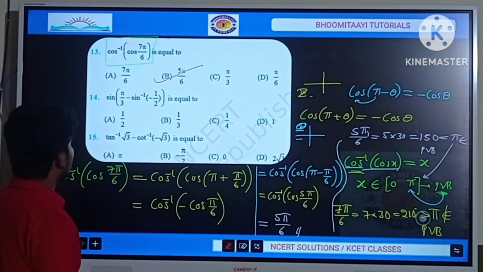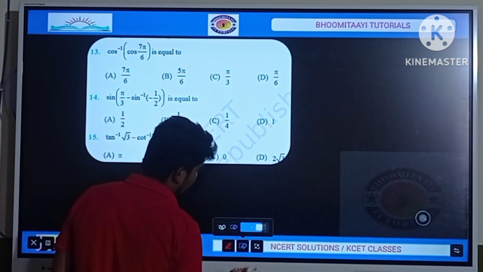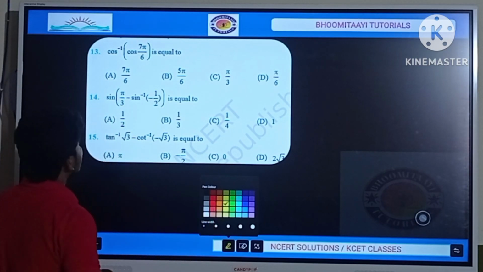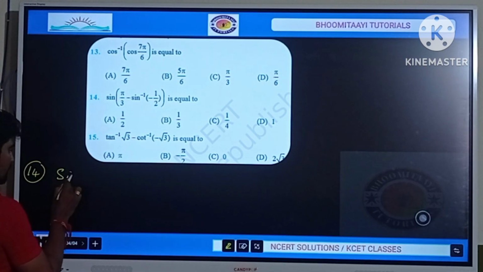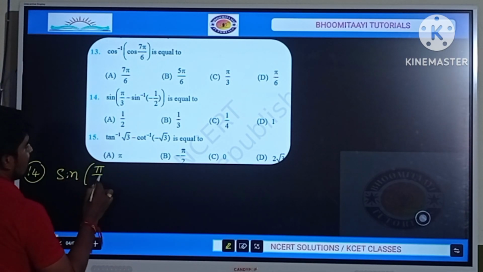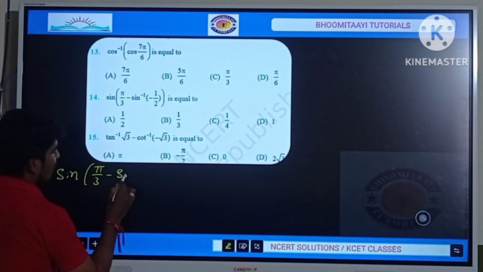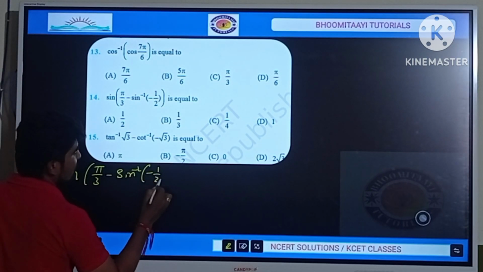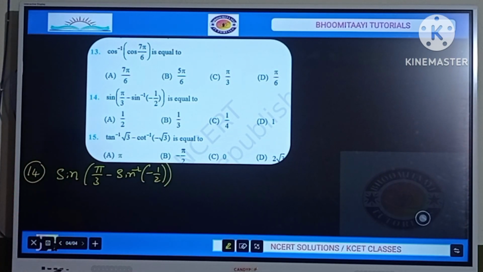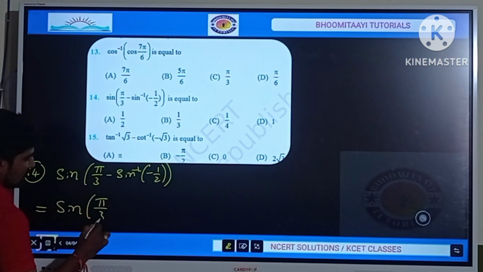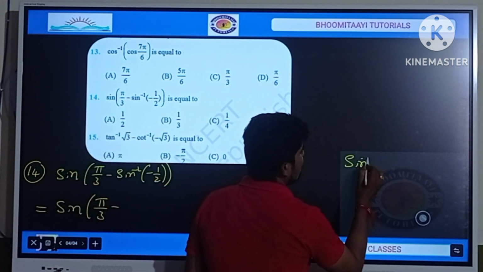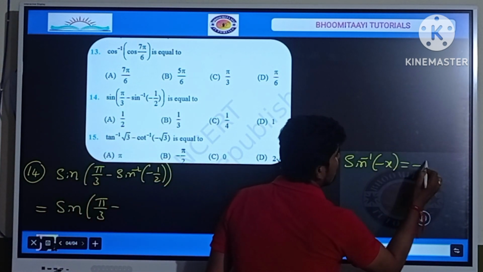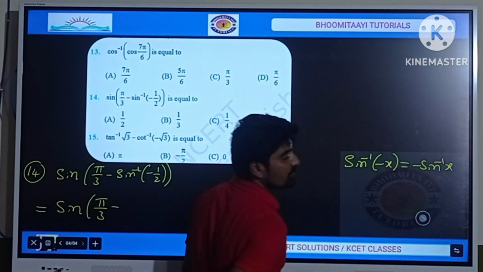Now let us start the 14th question. Find the value of sin of pi by 3 minus sin inverse of minus 1 by 2, which is equal to sin of pi by 3 minus... We know that sin inverse of minus x is equal to minus sin inverse x.